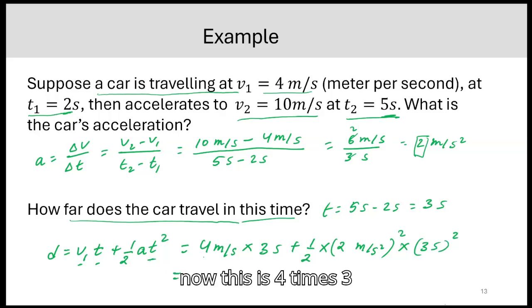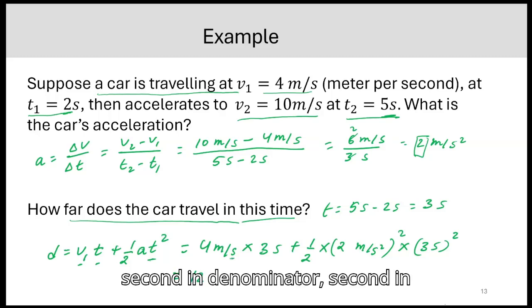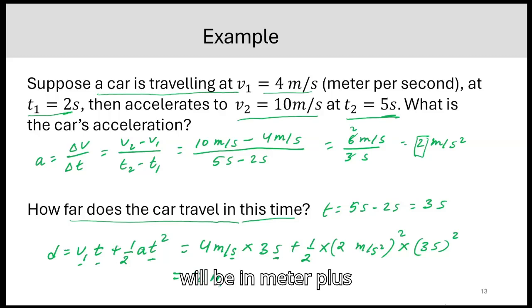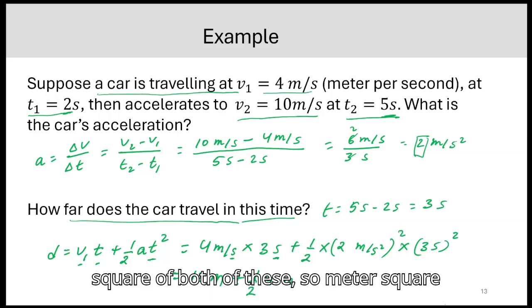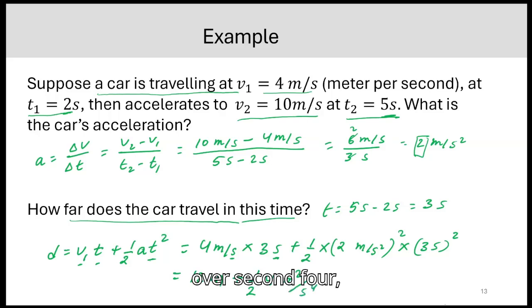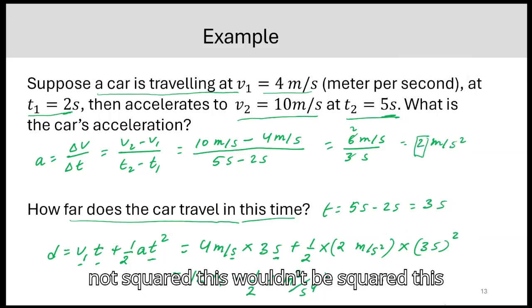times time squared. Now 4 times 3 is 12, and you see there is a second in the denominator and a second in the numerator, so that cancels out. It will be in meters, plus half. Sorry, this wouldn't be squared.